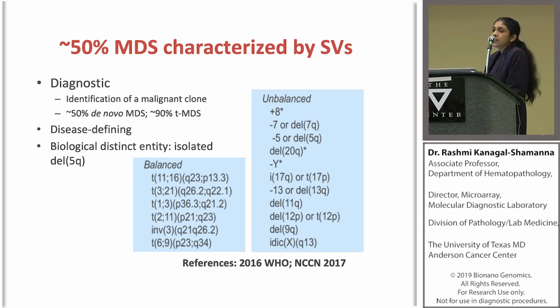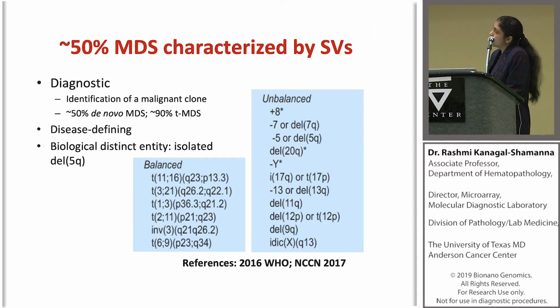In some cases, especially if the dysplasia is very subtle, it is very hard to make this diagnosis. And this is even harder if the bone marrow aspirate is of limited quality, which can happen with associated fibrosis. In such cases, if we are able to demonstrate a structural variant, that can help the pathologist push towards the diagnosis of MDS.